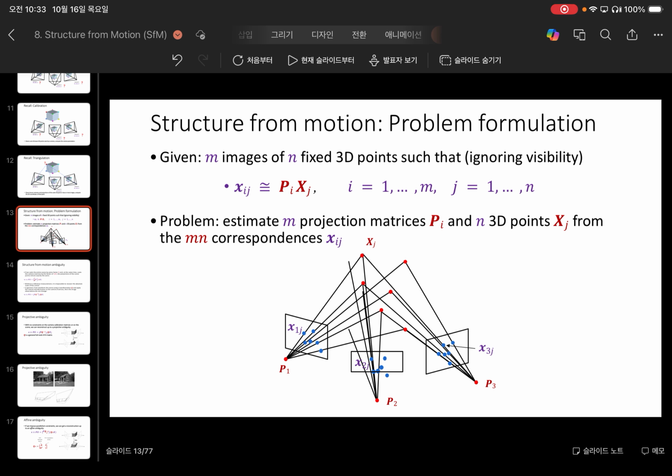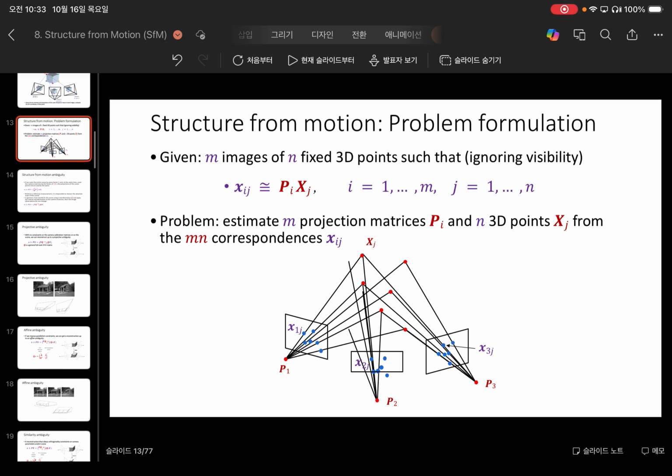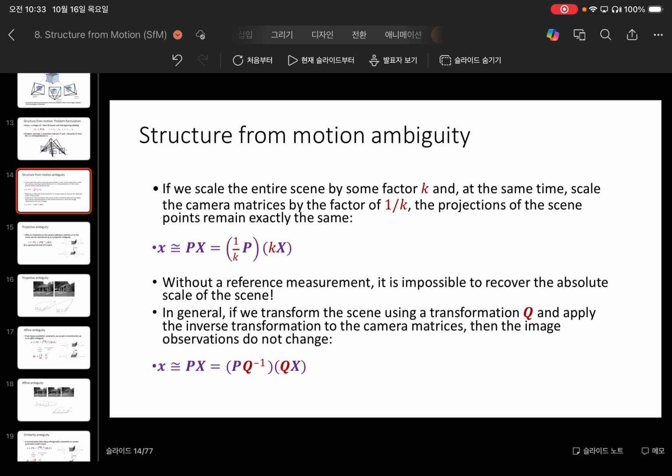That is an ill-posed problem. So mathematically, here's the ambiguity. For example, scale. If we multiply the entire scene, large X, by some factor K, and at the same time scale the camera matrices by the factor of 1 divided by K, the projections of the scene point remain exactly the same. That makes scale ambiguity.